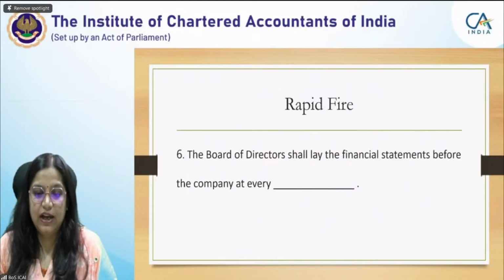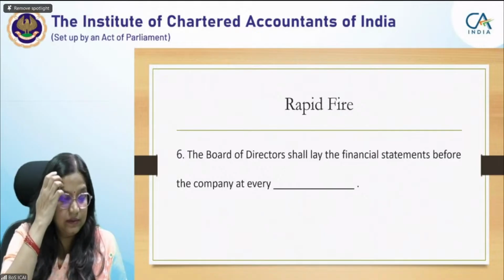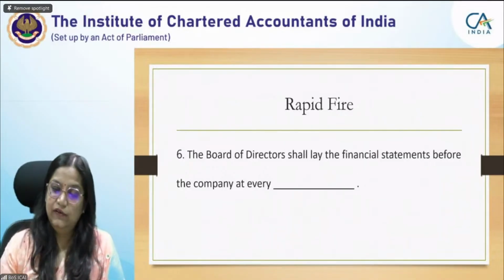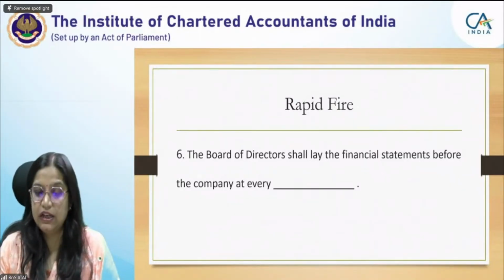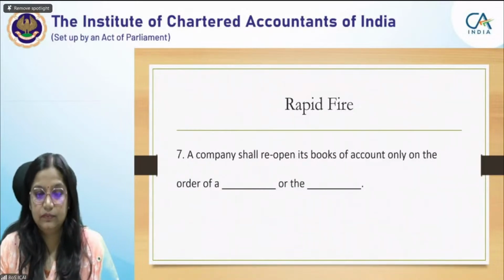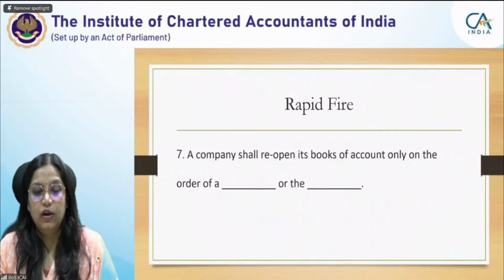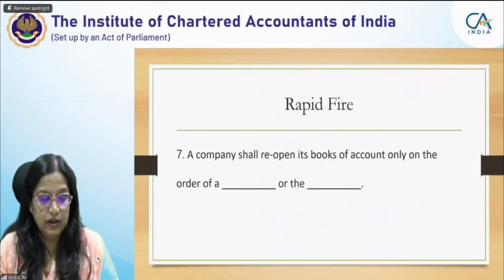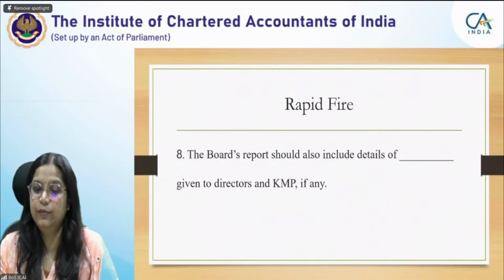The board of directors shall lay the financial statements before the company at every AGM. A company shall reopen its books of account only on the order of a court or the tribunal.